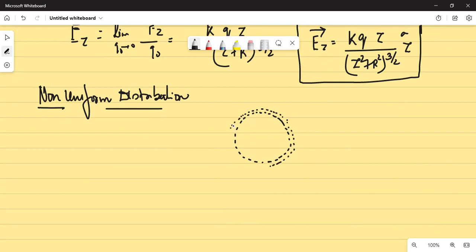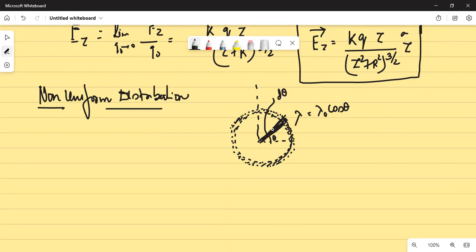So this is my ring, and this particular ring has non-uniform distribution of charge given by lambda equal to lambda naught cos theta, where, let's say this is your x-axis and this is your y-axis, and theta is an angle from the x-axis. So this is your theta, this is your dq, and this will be d theta.